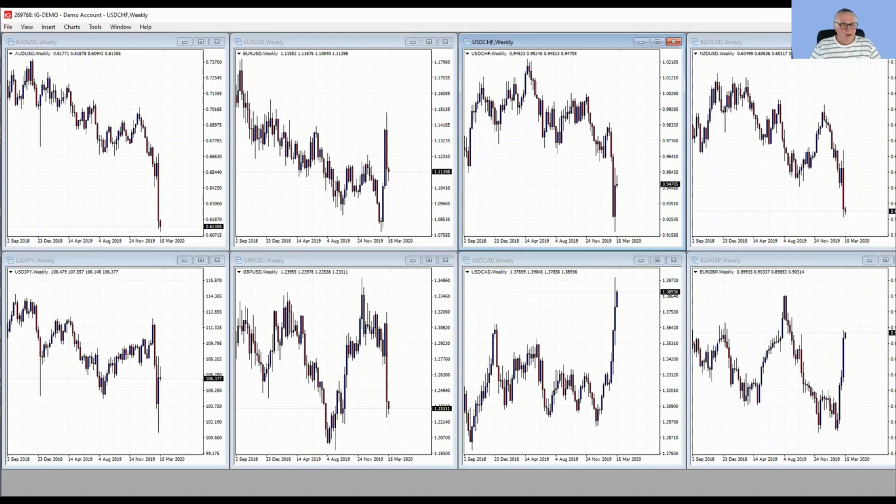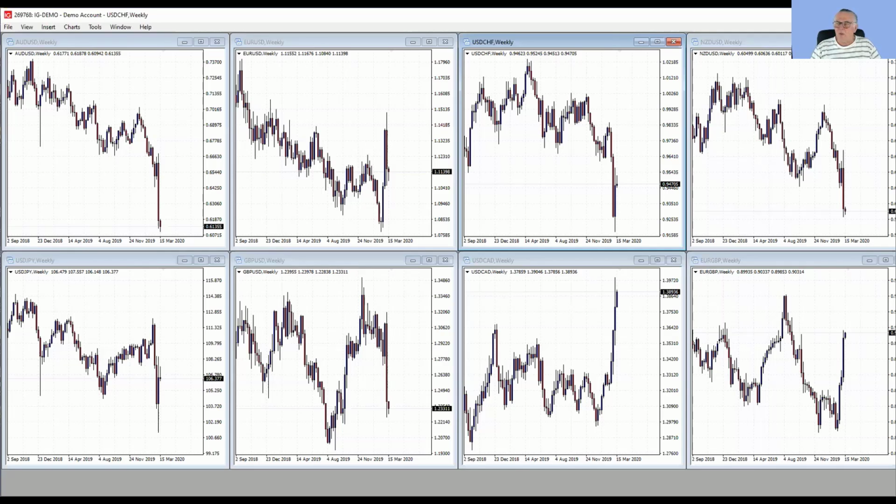That's much better. Here are the index charts, and you can see this dramatic fall that's happened in all the indexes, really bad. And for that reason and the coronavirus effect, I'm not in the mood for trading, but there's a whole lot of other things that we could look at. We could look at the currency charts at the same time.